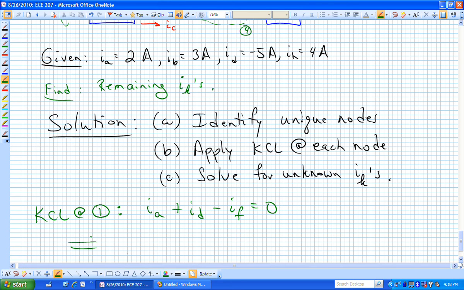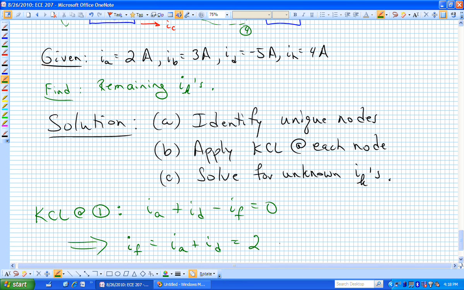We were already given I sub D and I sub A, and we just have one unknown in that equation. We can solve for that unknown, which is I sub F, and that's equal to I sub A plus I sub D.